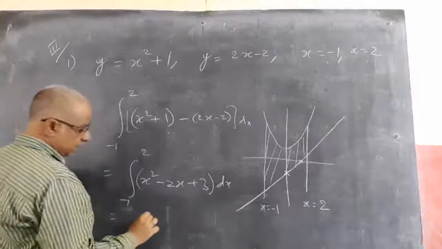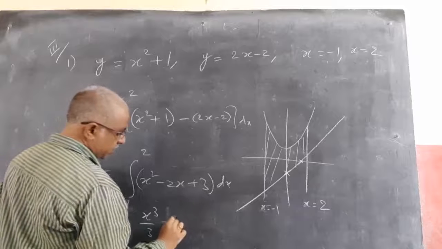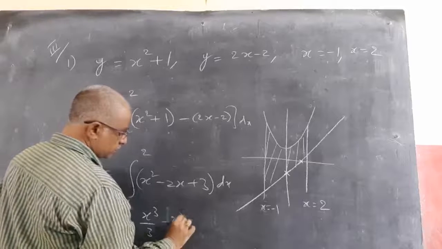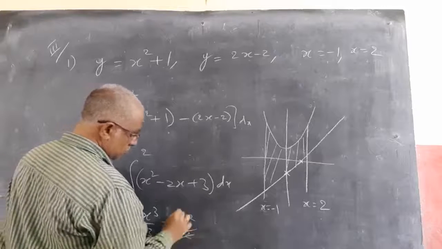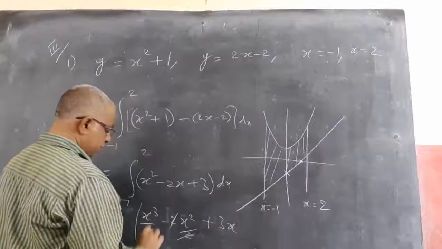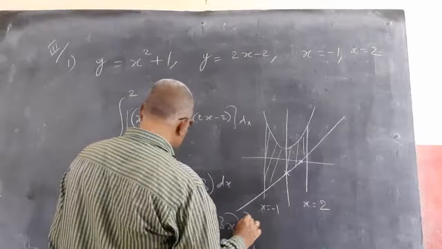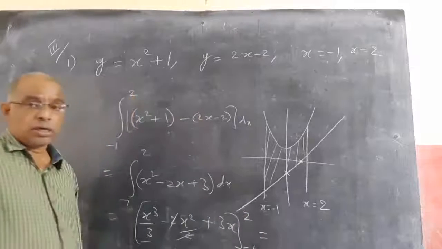So x square integration is x cubed by 3, minus 2 into x square by 2, plus 3x, between the limits minus 1 to 2, upper limit minus lower limit.